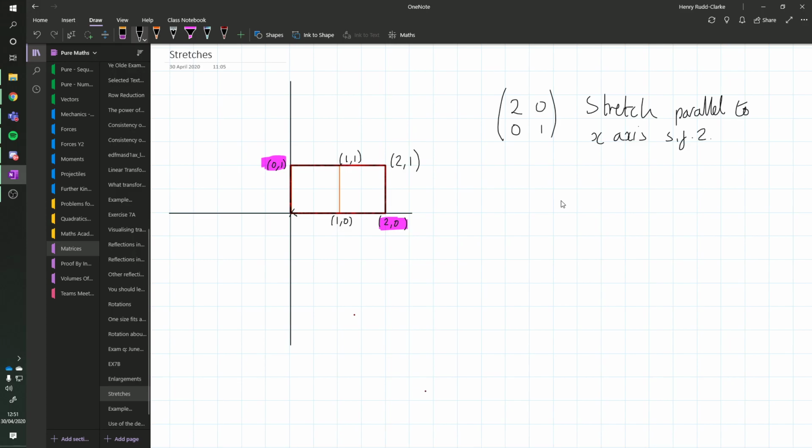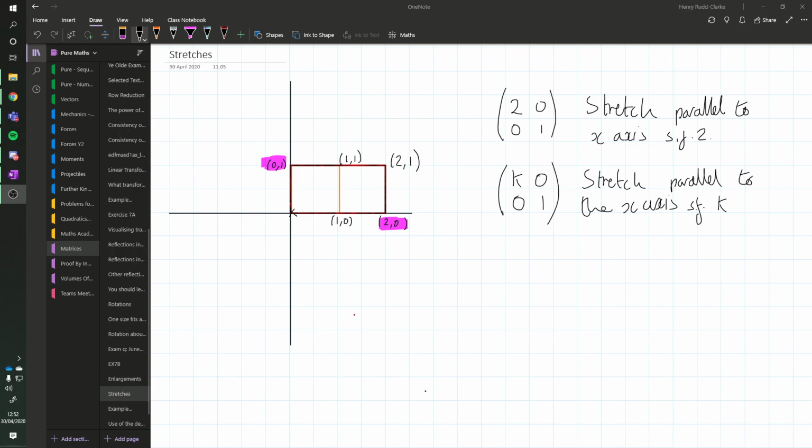Okay, so I could write the matrix k, 0, 0, 1 for a stretch parallel to the x-axis, that would be scale factor k. So any general stretch parallel to the x-axis would be represented by this matrix.